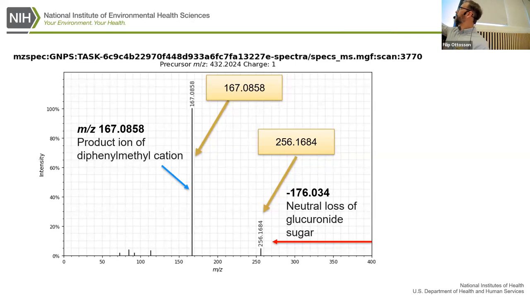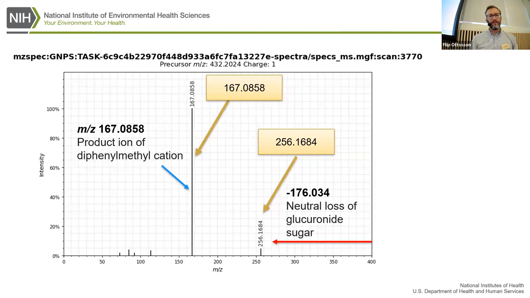The diphenylmethyl cation, the 167 peak, you've probably seen before. And then 256 is the mass of the parent compound. So the actual loss from the precursor ion amounts to the neutral loss of the glucuronide sugar. So it was something I was already looking for.